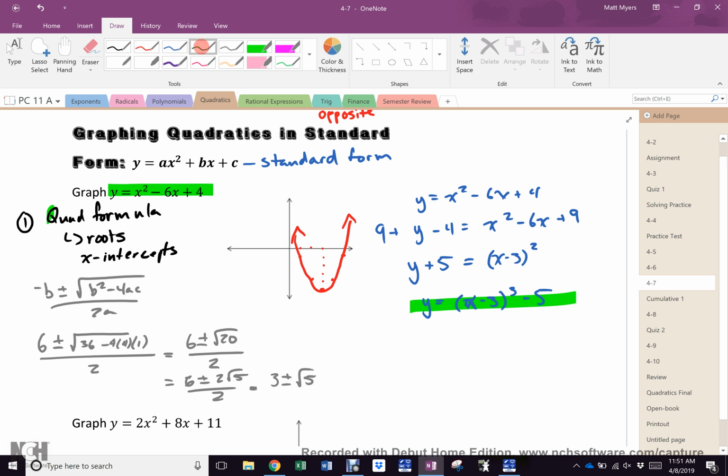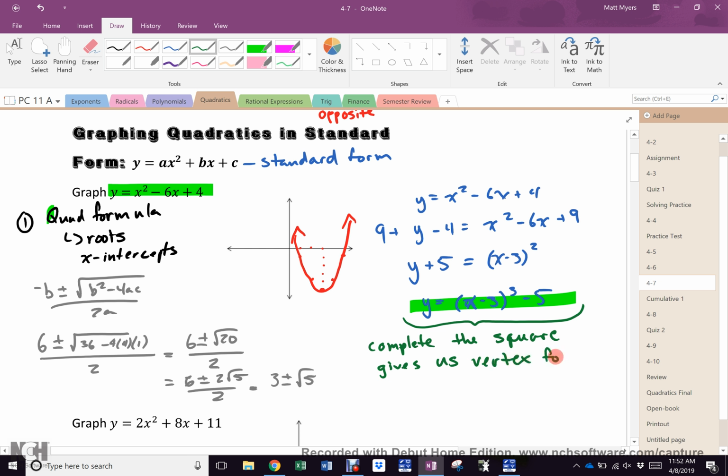What do we take away from this? Complete the square gives us vertex form. Now, we have come across many in our completing the square practices that are yucky, right? This one was not a yucky one. This was so easy we did it in our head in 2 seconds, right?